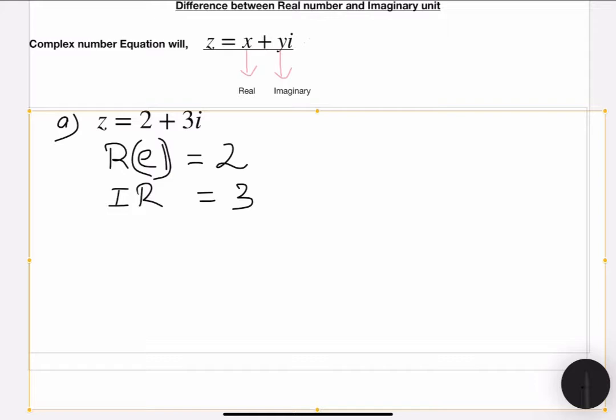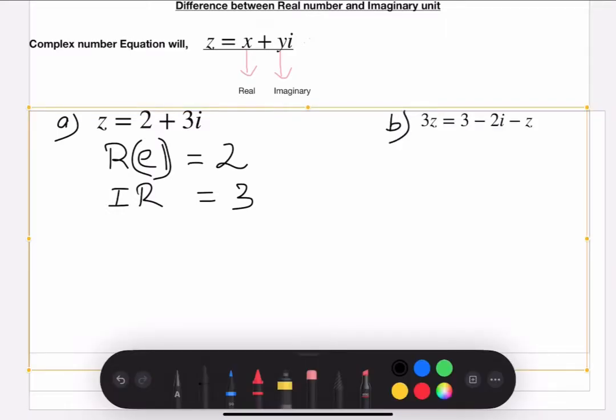Let's do another question, where b is 3z equals 3 minus 2i minus z. Before we go further, we need to make z the subject of this equation.